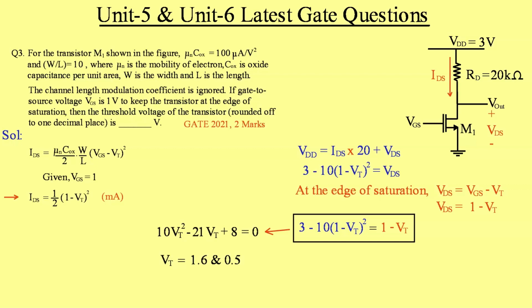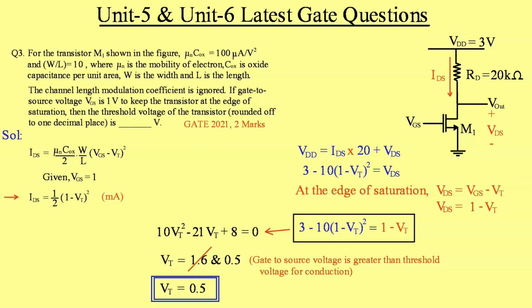One is 1.6 volt and the other is 0.5 volt. It is already provided in the question that gate to source voltage is 1 volt. Then there is no way the threshold voltage is going to be greater than gate to source voltage, because if that becomes the case, there will be no current flowing inside the MOSFET, at least ideally. Therefore, the only possible value for threshold voltage is 0.5 volt.